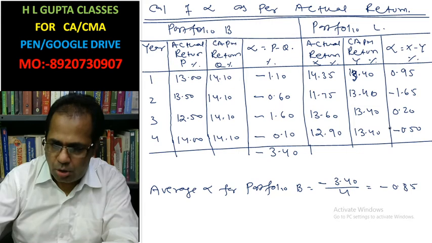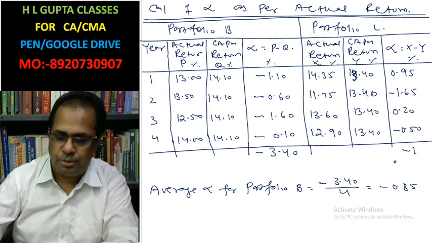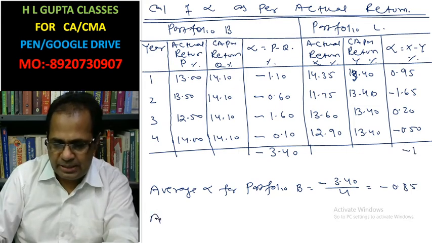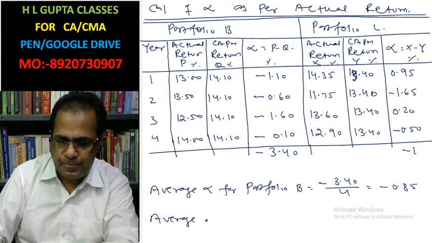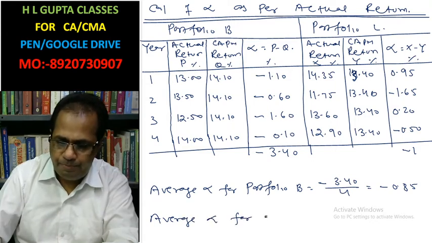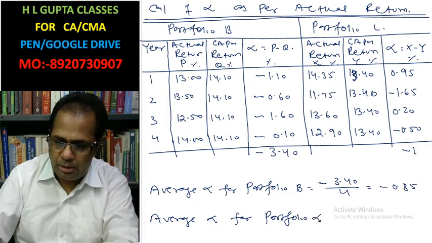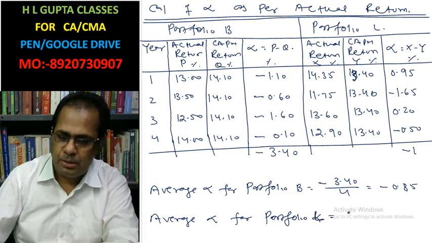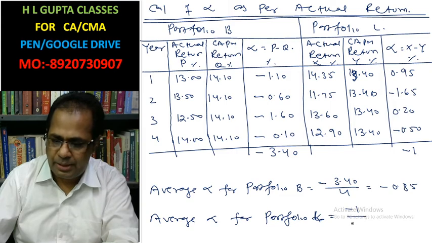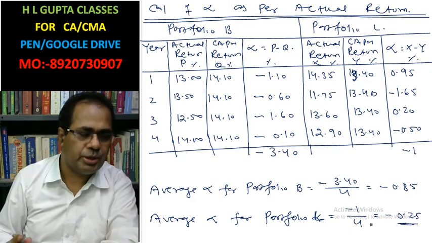Adding these all you will get minus 1. In this case, the average alpha for portfolio L is minus 1 divided by 4, which is minus 0.25.